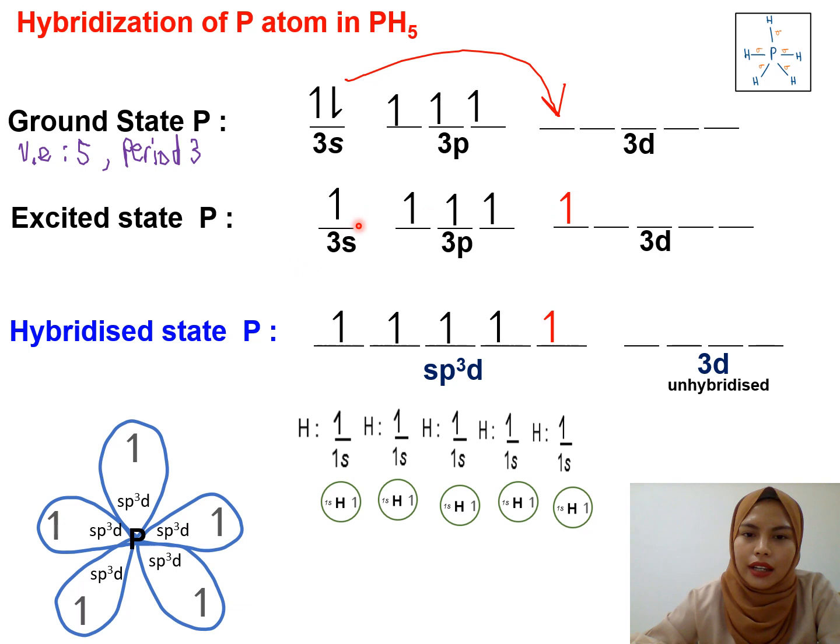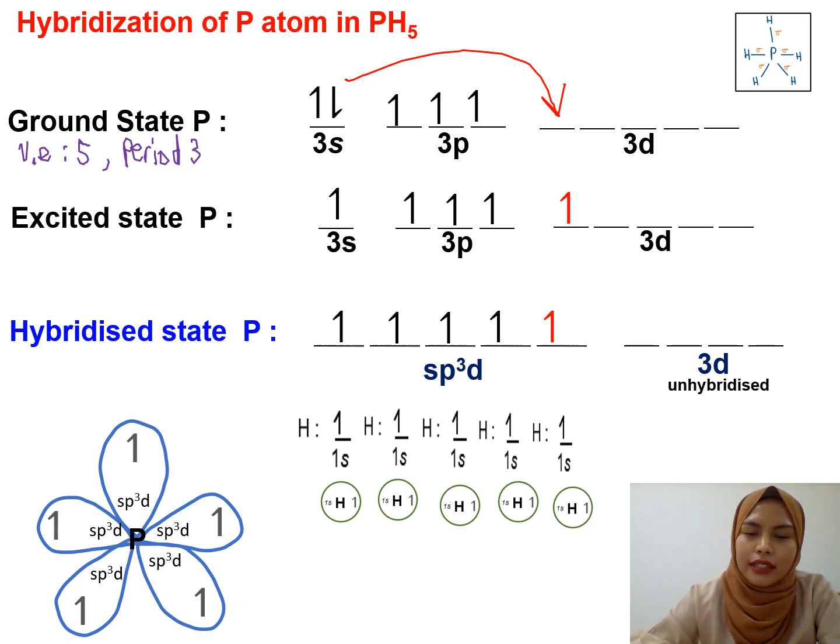Okay, so now how many single electrons do you have? 1, 2, 3, 4, 5. Okay, you now already have 5 single electrons that you can use to make sigma bonds with hydrogen atoms. And then you know the hybrid state of P is sp3d because of why?